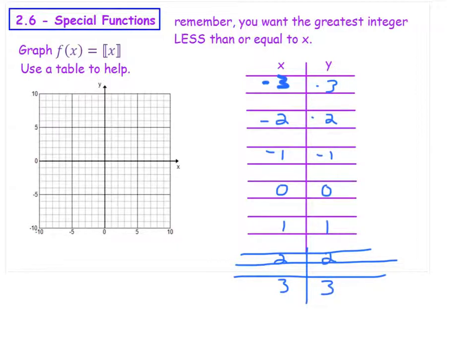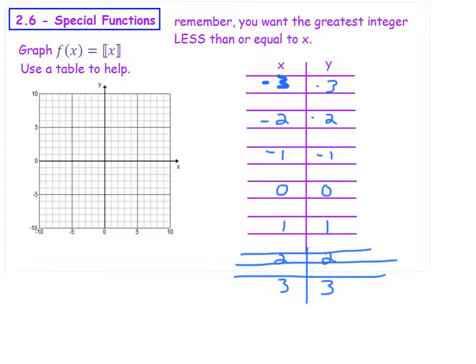It's just that number x. But then I need to figure out the outputs for numbers in between them, because remember, we can only have integer outputs. For a number between negative 2 and negative 3, is its output going to be negative 3 or negative 2?